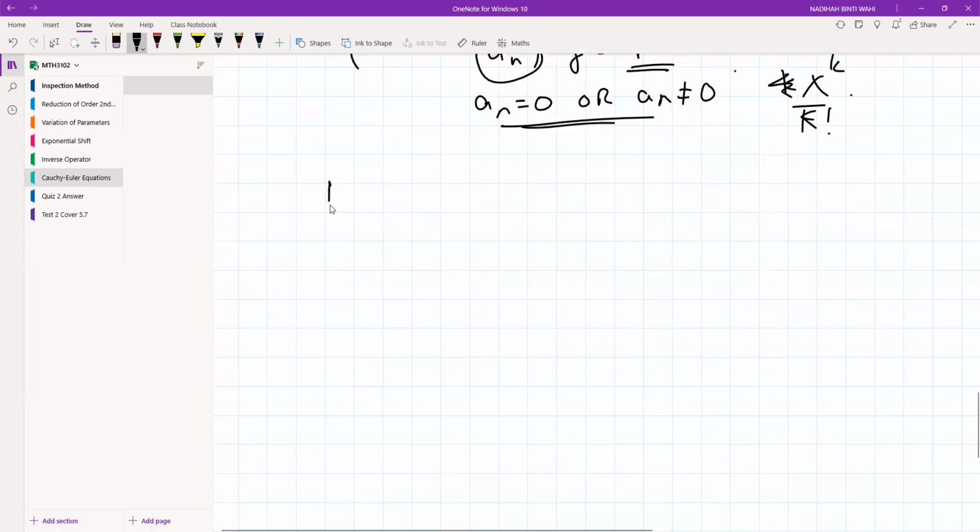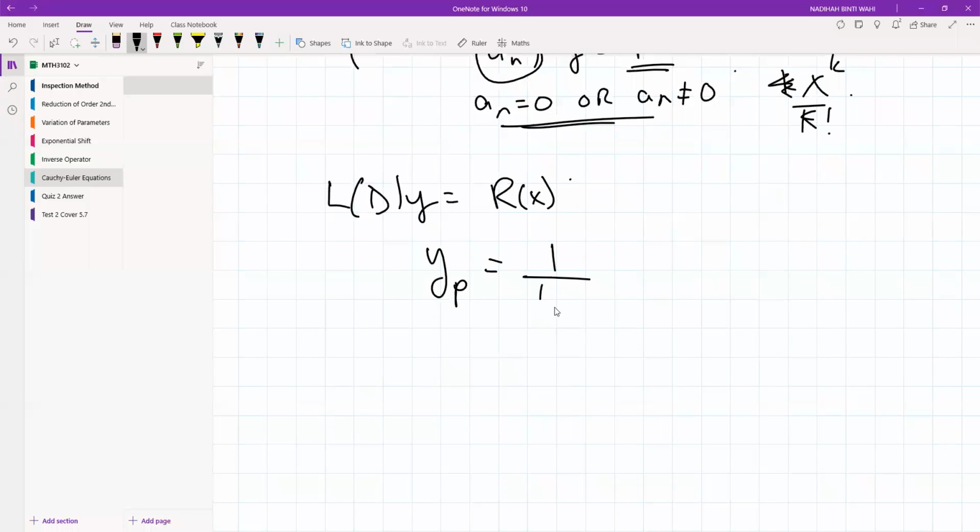Okay. So dalam case ni, kalau tak dapat dalam bentuk form, contoh awak kata tadi, L of d of y sama dengan r of x. Kemudian saya buat kata yp sama dengan 1 over L of d of r of x, let's say Rx adalah sin of Ax. So saya buat sin Bx. Okay.